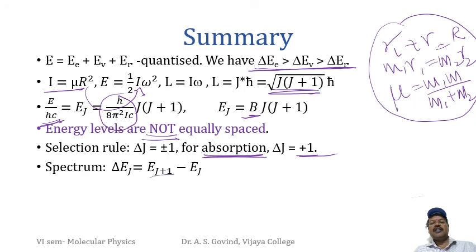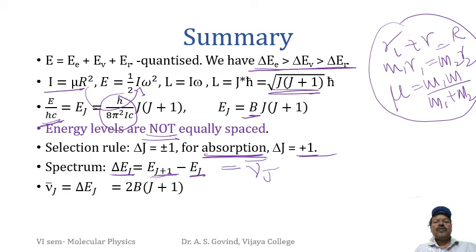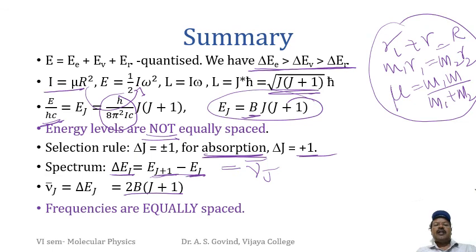So higher energy EJ plus 1 minus lower energy EJ gives the difference in energy, which is taken as nu bar of J. So when you substitute this expression into this one, you will simplify and get this 2B into J plus 1. And you can put the values and see that frequencies are equally spaced. You can explain all that with an energy level diagram.